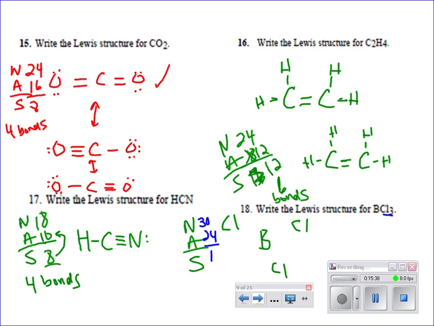So that's 6 electrons and that's 3 bonds. So 1, 2, 3. Of the 24 electrons, we used up 6, so we're going to place the rest around. So I was at 6, 8, 10, 12, 14, 16, 18, 20, 22. Oh, isn't that nice how that worked out? Is everybody full? Yeah, even boron's full. It only has 6, but it's full. Got it?